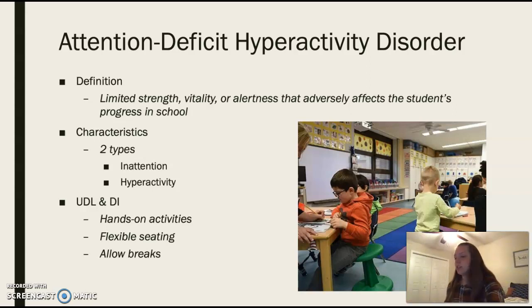In the inattention type, children may struggle with paying attention to details, following instructions, finishing tasks, organizing, sustaining mental effort, remembering daily activities, and things of that nature. And you must have difficulty with 6 or more. And then a few listed for hyperactivity. Keeping hands or feet still, they're constantly moving, staying seated, they have struggles with talking excessively, blurting out answers, and fidgeting a lot.